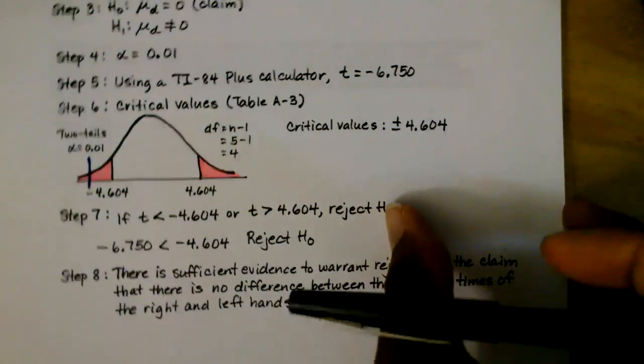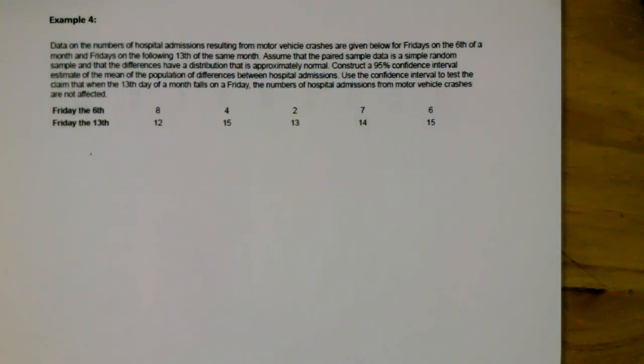All right, take a look at example 4. Now this one I'm going to show you how to do the mean and the standard deviation of your differences by hand. It says here, data on the numbers of hospital admissions resulting from motor vehicle crashes are given below for Fridays on the 6th of the month and Fridays on the following 13th of the same month.